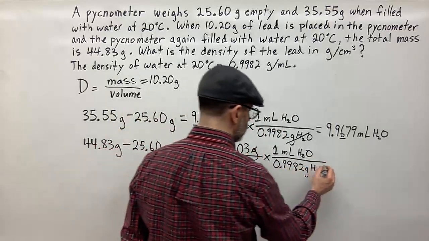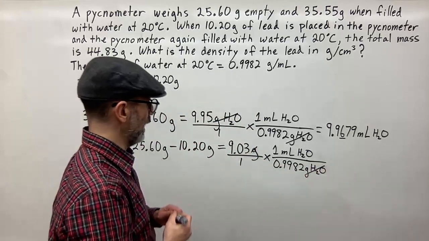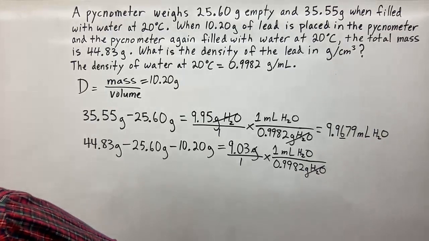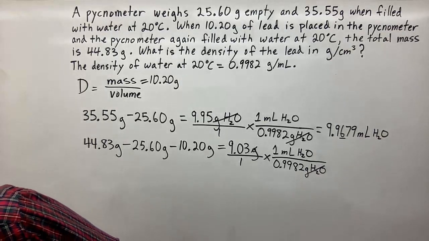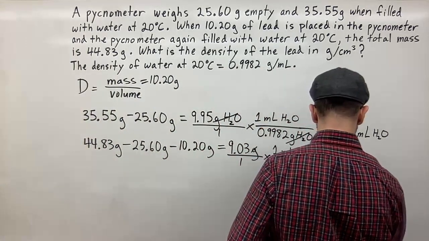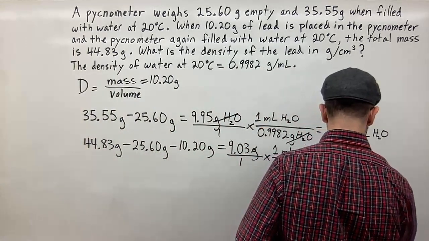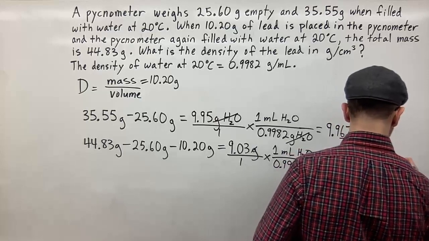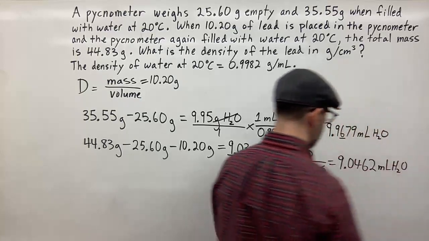Grams cancels out. And when I calculate that, I get 9.0462 milliliters of water.